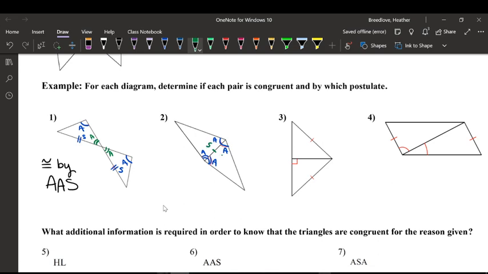So it's an S on both of them. The S is touching both A's. This is ASA. So these triangles are congruent by ASA. In the picture, the side is touching both angles. So the S is going to touch both A's when I write my postulate.